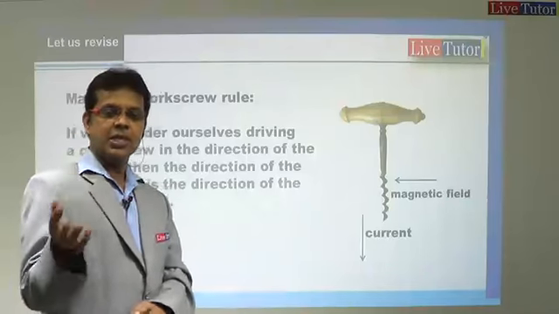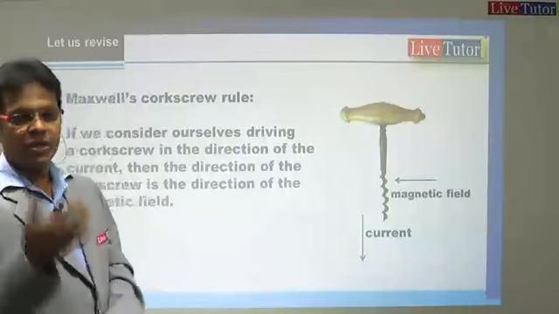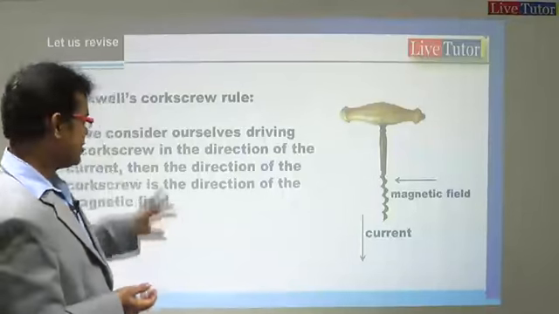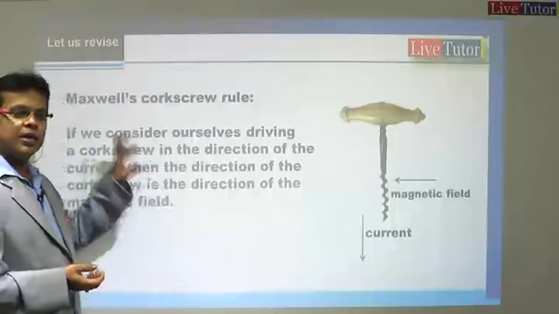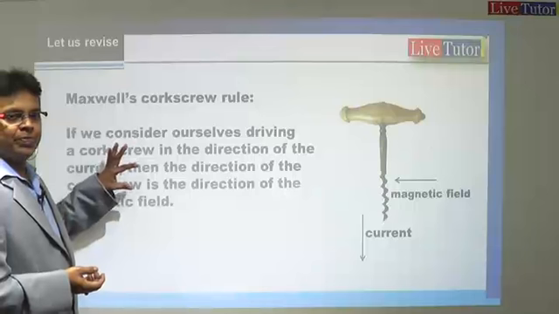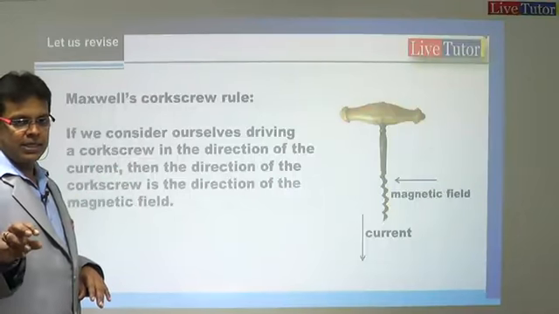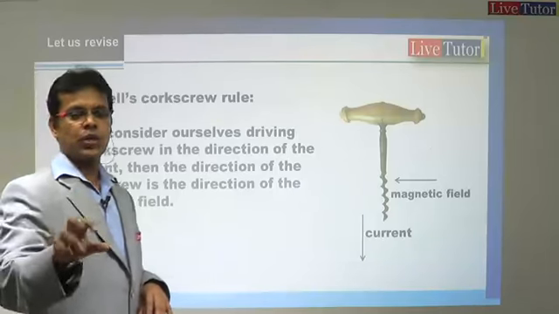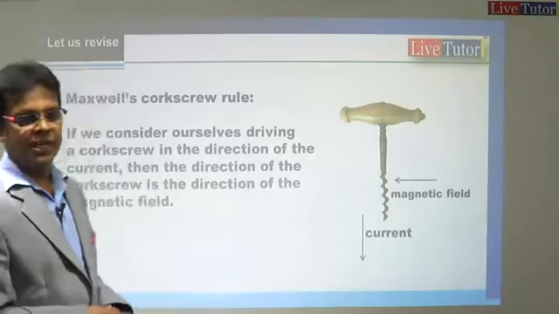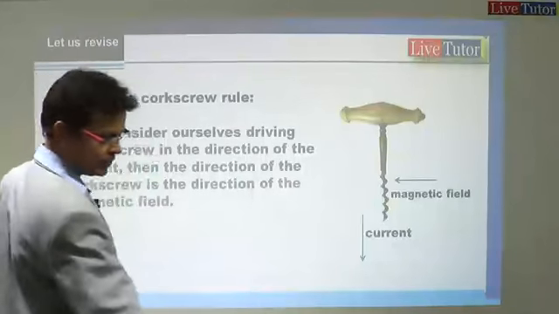If it is a descriptive type, we can make changes according to our own convenience or knowledge. But these rules or laws should be written as they are. So: if we consider ourselves driving a corkscrew in the direction of the current, then the direction of rotation of the corkscrew is the direction of the magnetic field. That is called the Maxwell's corkscrew rule.